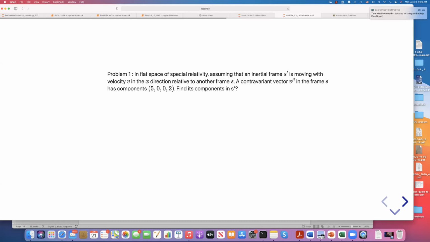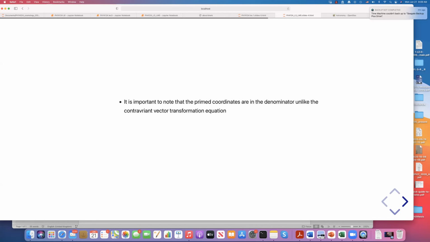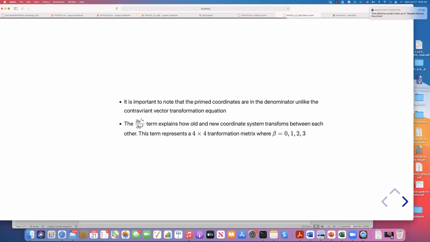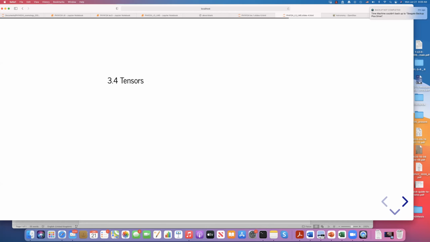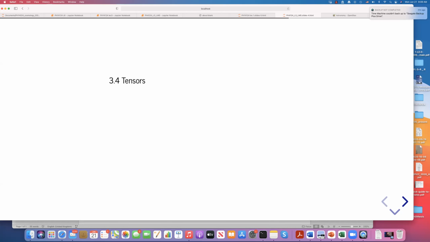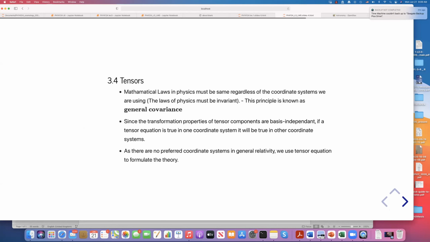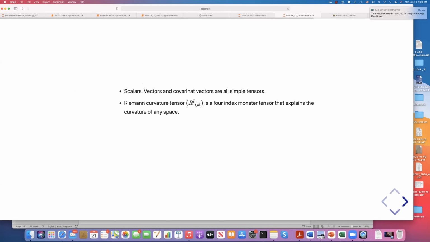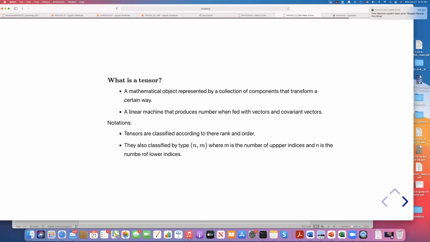They are purely mathematical, but you need to understand those. After that, make sure that you get the idea of how these two different types, covariant and contravariant transformations, work. Then go to the note about the tensors, which explains how tensor transformation works.